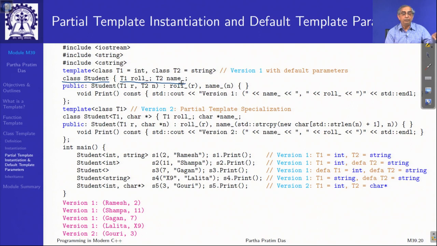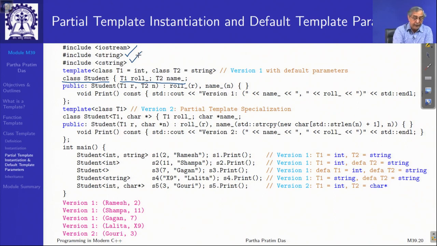One is the roll number, which is of type T1, and the other is a name, which is of type T2. What I am going to illustrate is that a roll number can be considered to be an integer or a string. Name could be considered to be a char star, that is a C style string, or the string type that is given by the C++ standard library. So, I have included string as well as C string here.